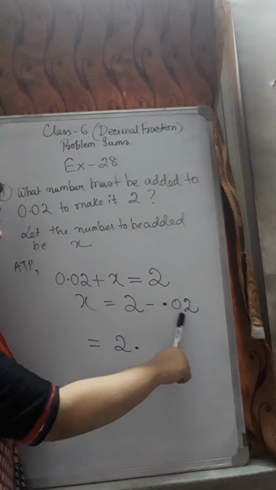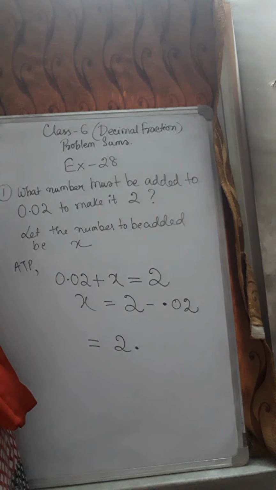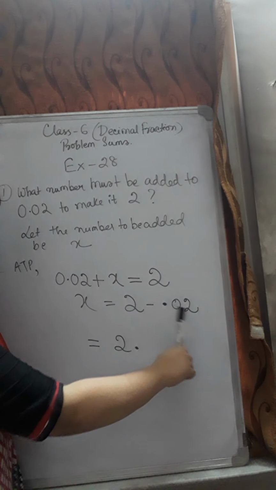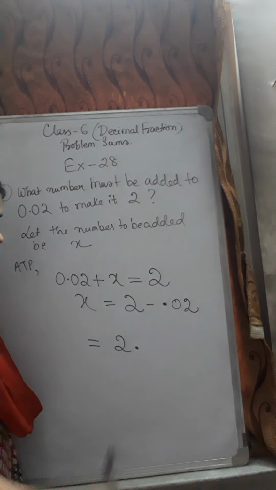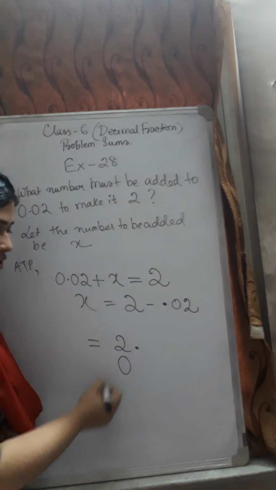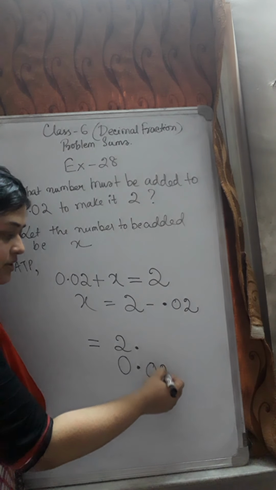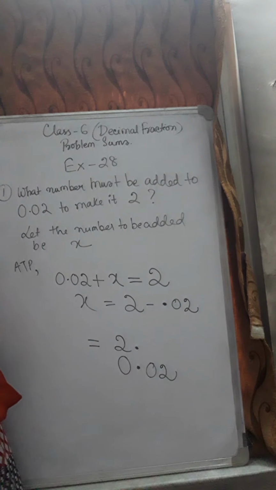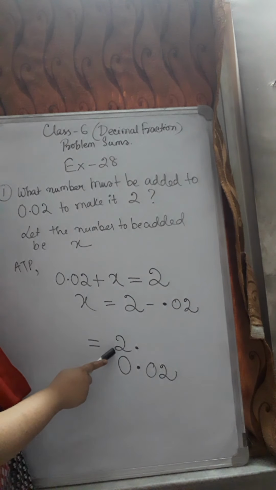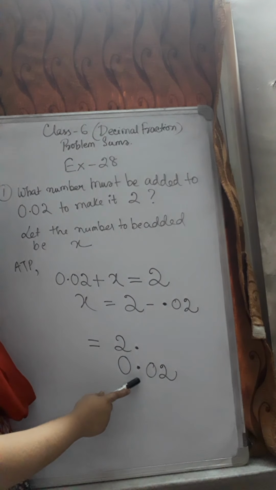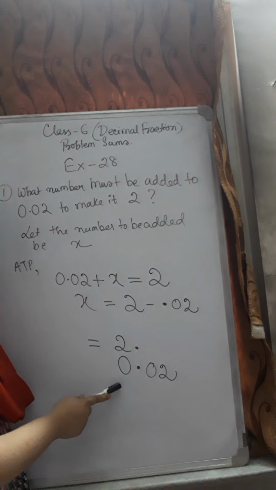And the number that has to be subtracted only has decimal places because it is coming after the point. Before the point there is no number, so the whole number part is 0. Point, after the point there is 0, 2. So the number 2 has no decimal places, and the decimal number has no whole number.